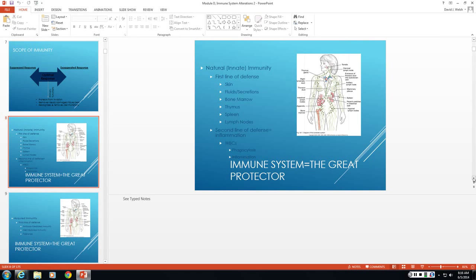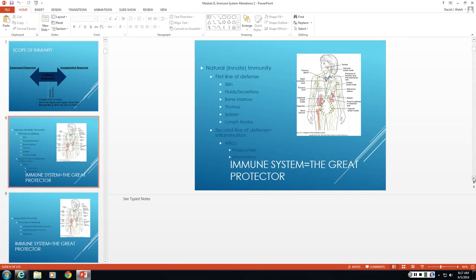Now, as far as natural or innate immunity, your first line of defense is always going to be the skin. Other lines of defense on the first line are your fluids or secretions, bone marrow, your thymus, your spleen, and your lymph nodes. Now, your second line of defense is going to be your white blood cells, and that's going to be through phagocytosis and inflammation.